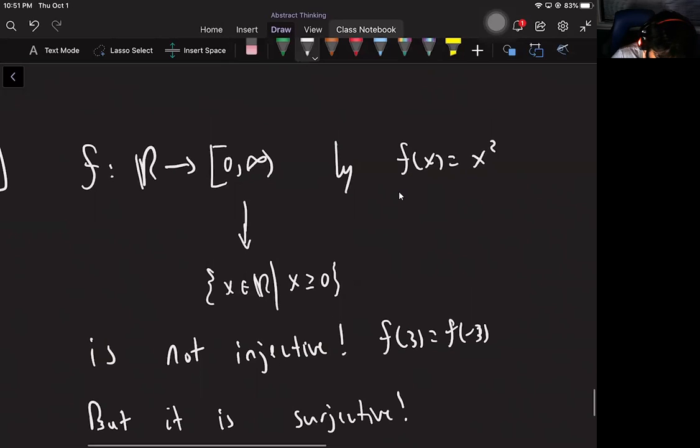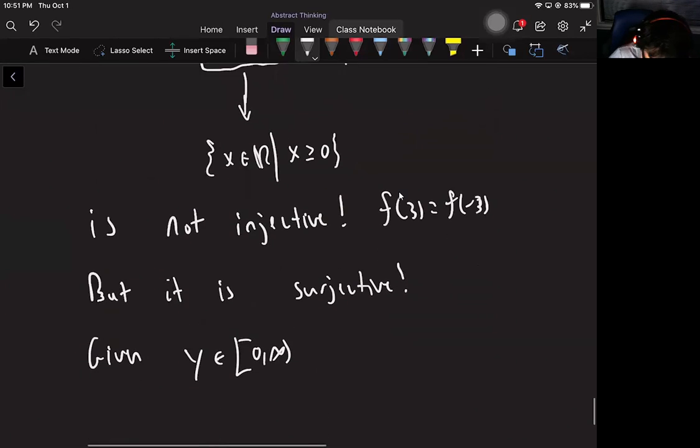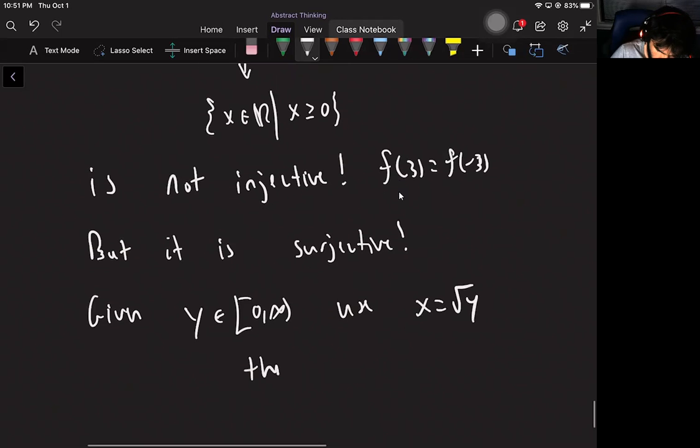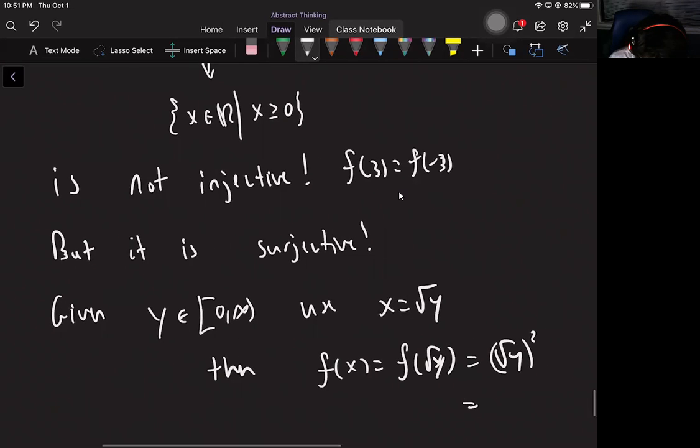So to be surjective means I need to find a way to hit everything in the codomain. So given some output y in the codomain, what do I plug in to get it? I just use the square root of y, because then f of x will be f of the square root of y, which will be square root of y squared, which will be y.